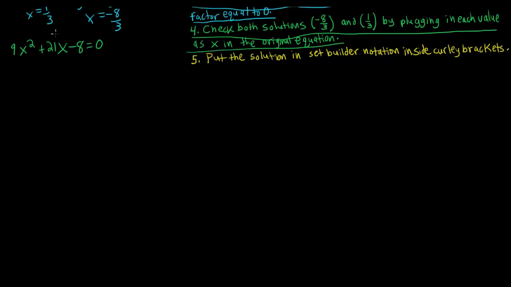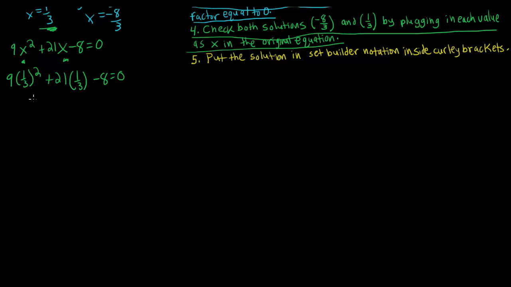So we want to start off by plugging in 1/3 for x into the original equation. So you have 9 times 1/3 squared plus 21 times 1/3 minus 8 equals 0. And if we simplify that, using PEMDAS, we have to do the squared thing first.